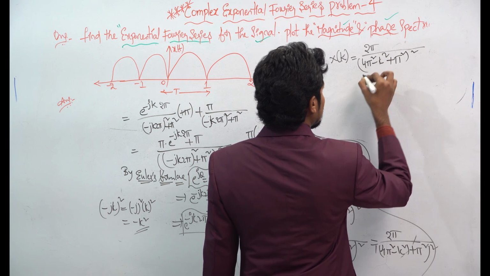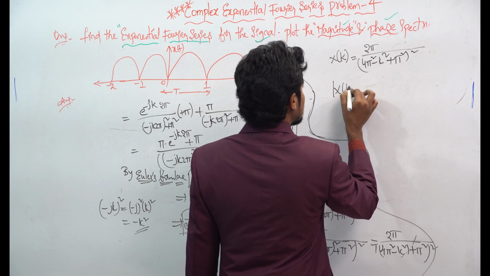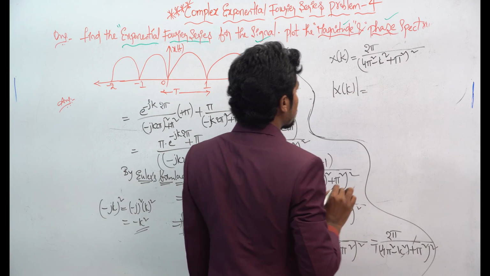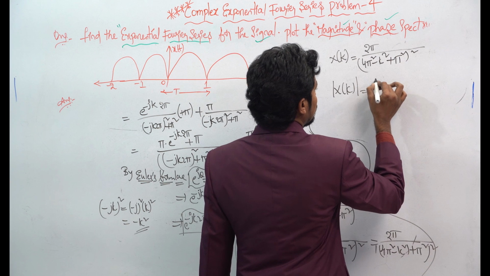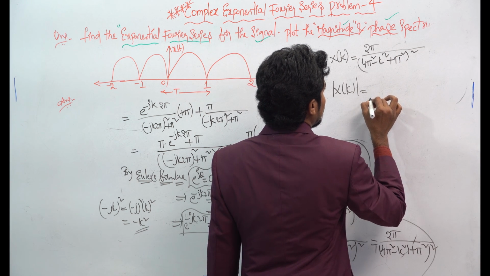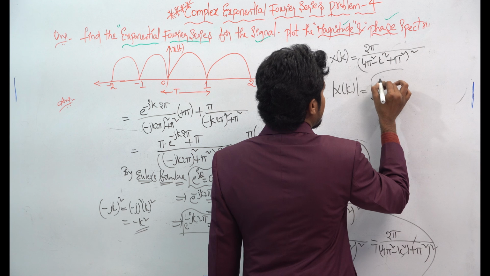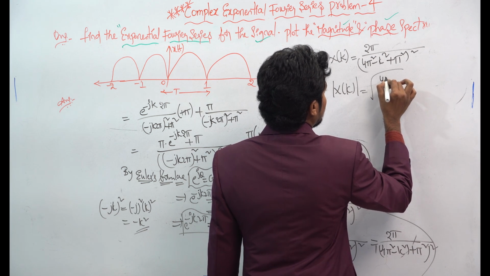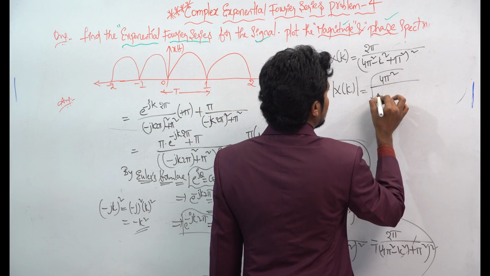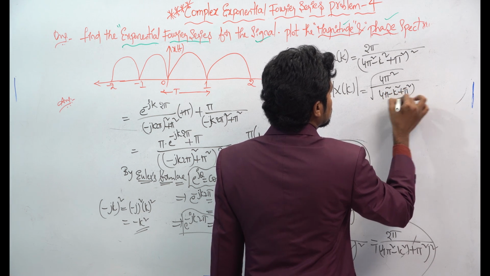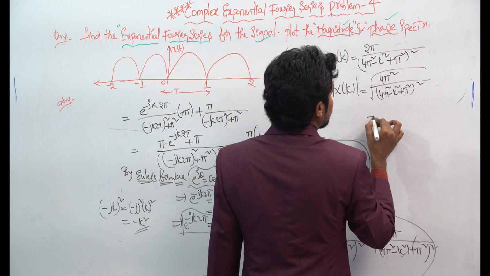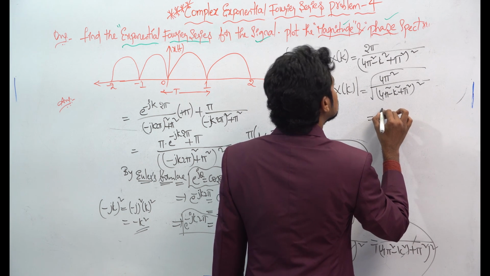If you want to apply the modulus, how much will you get? You have to take the square root of (2 pi) whole square divided by (4 pi square minus k square plus pi square) whole square.